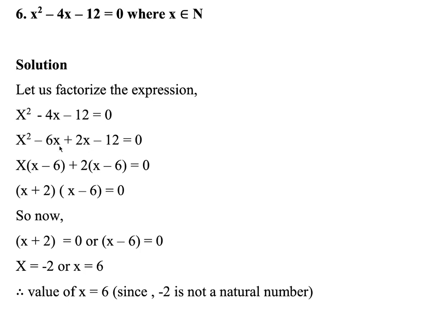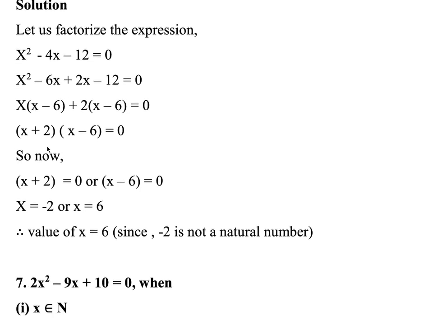So middle term factorization, minus 4x is equal to minus 6x plus 2x. A little bit of simplification, you will get (x plus 2)(x minus 6) is equal to 0. So if x plus 2 is equal to 0, the value of x is minus 2, and if x minus 6 is equal to 0, the value of x will be 6.